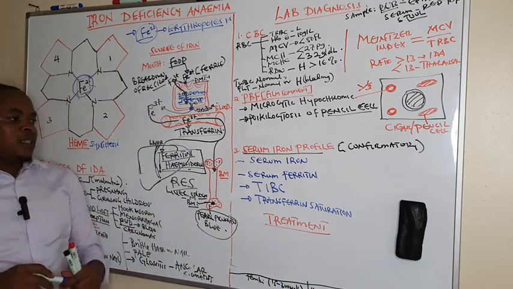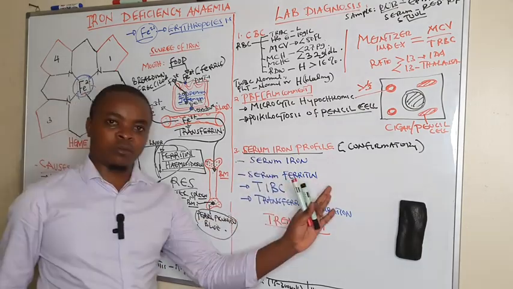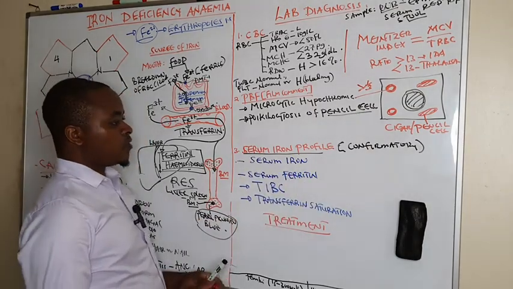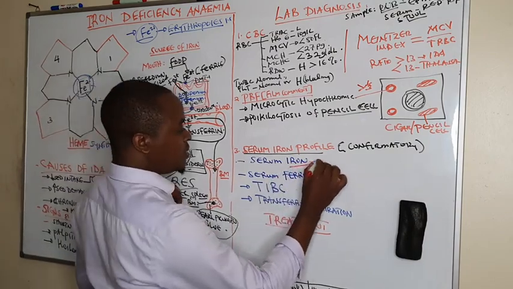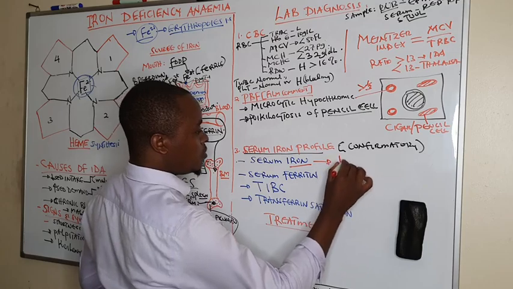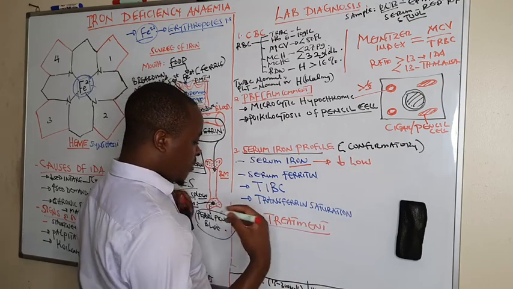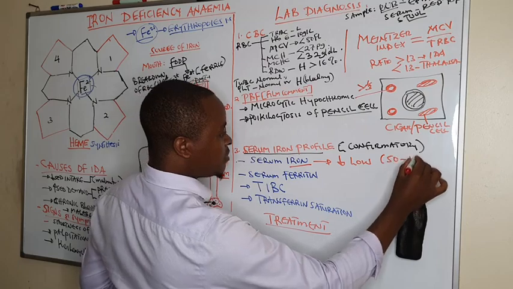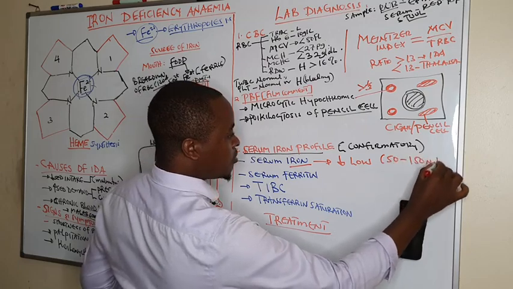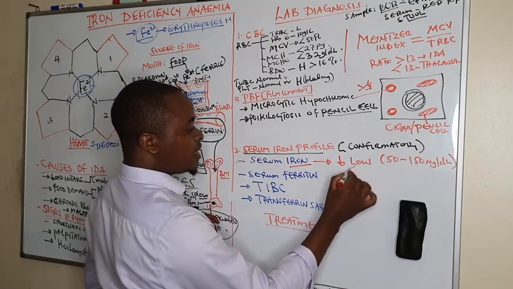So these are the tests under this profile, whereby people with iron deficiency, when we assay the serum iron, we find it is low. The normal range of iron is between 50 to 150 micrograms per deciliter. So you find these people have less than 50.